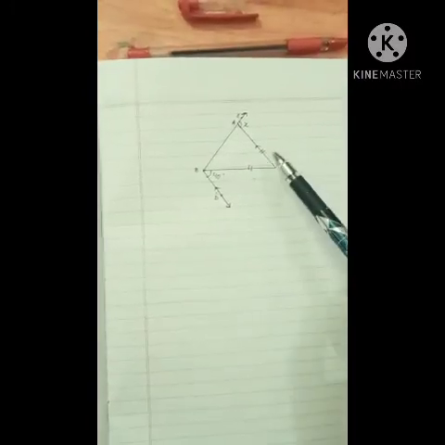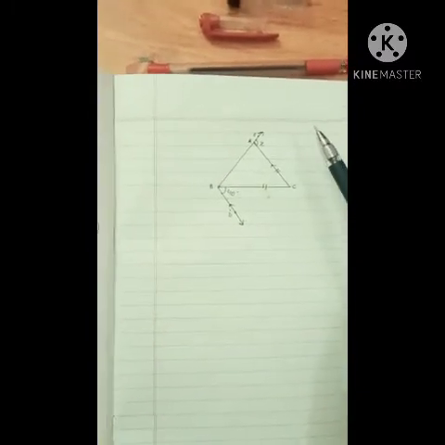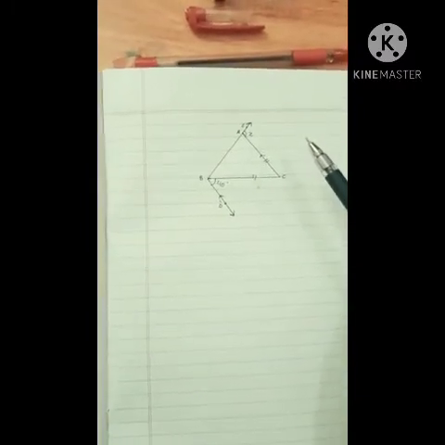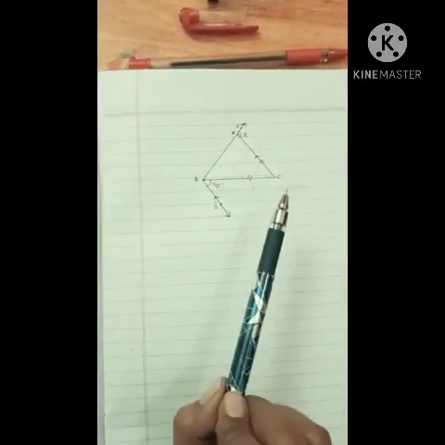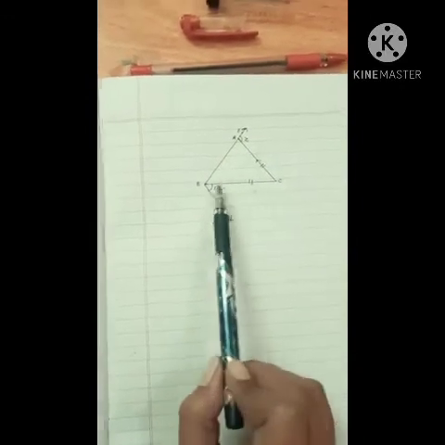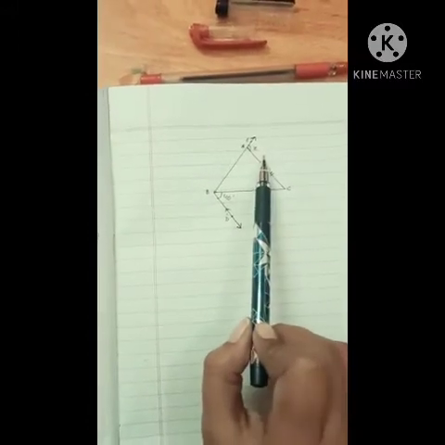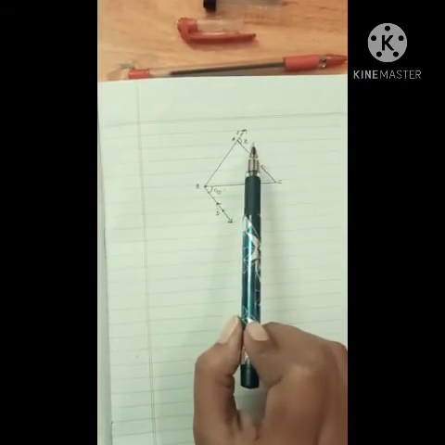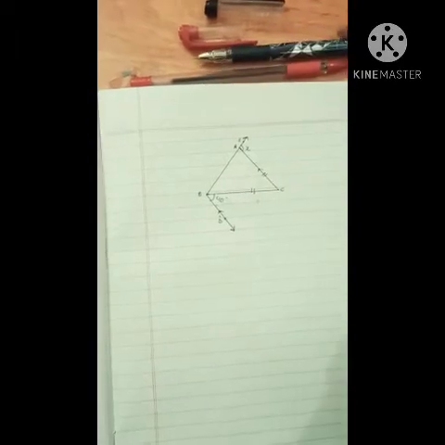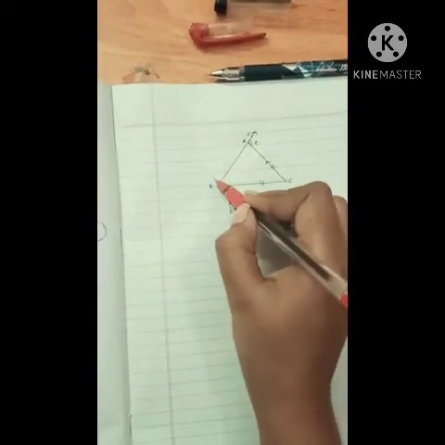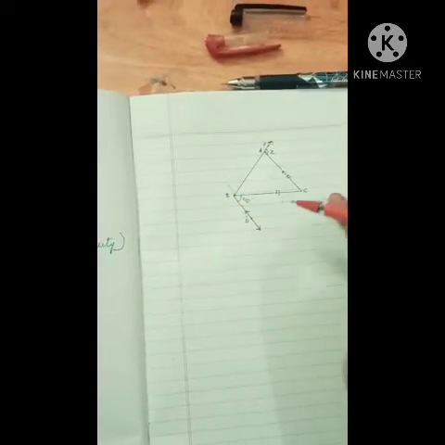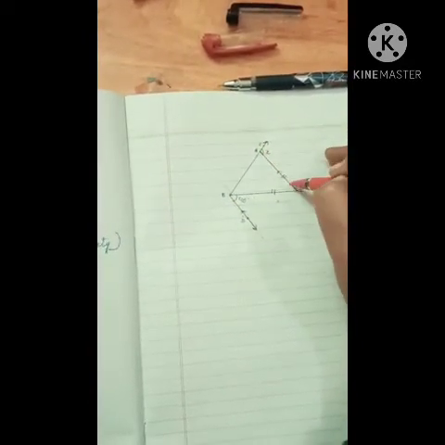Okay, now see this figure. Here you can see that this line and this line are parallel lines. This angle is 40 and this angle is x. Now here, this is parallel, right? And this is parallel.